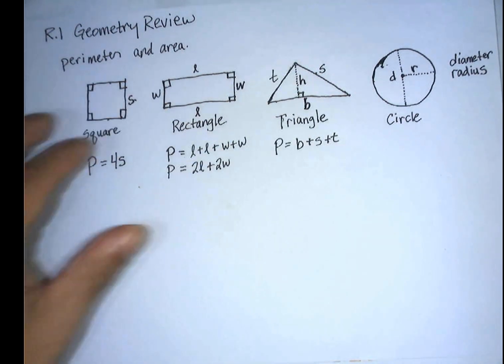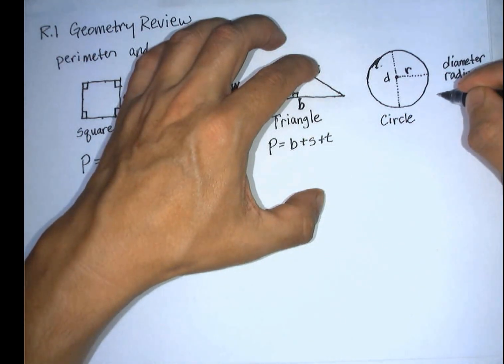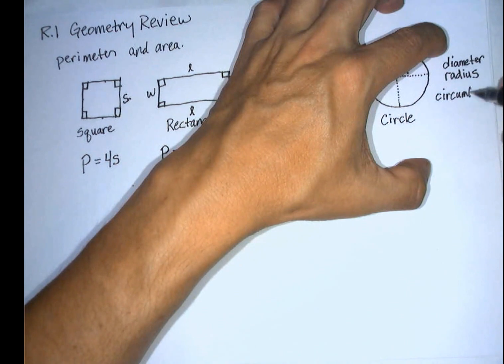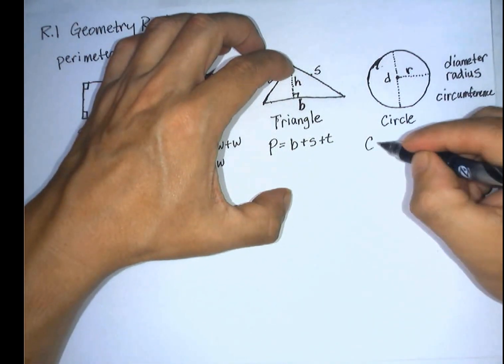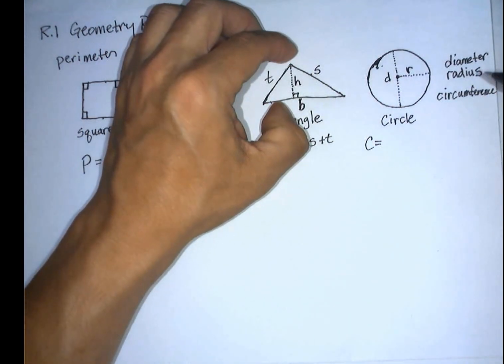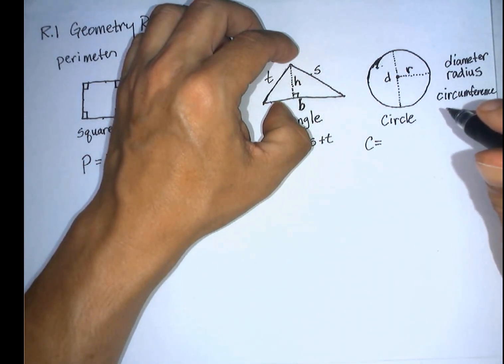Now, the perimeter of a circle, we don't call perimeter, we call that the circumference. And that one is tricky because it introduces the symbol pi, which a lot of people get confused with, and we're not going to utilize multiplying by pi for right now.